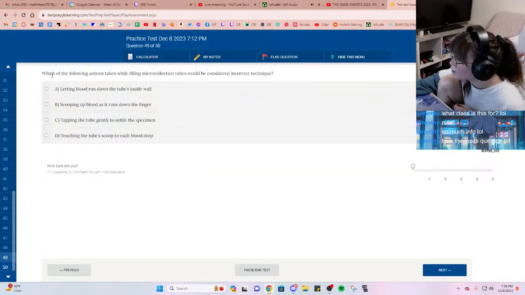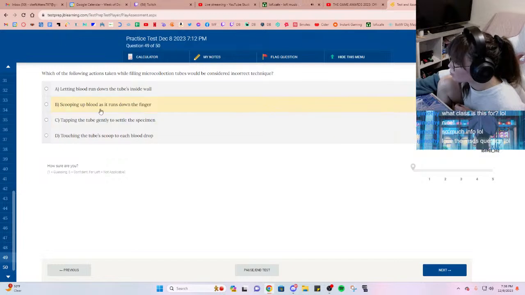Okay. Which of the following actions taken while filling microcollection tubes would be considered incorrect technique? Letting blood run down the tube's inside wall, scooping up blood as it runs down the finger, tapping the tube gently to settle the specimen, or touching the tube scoop to each blood drop.